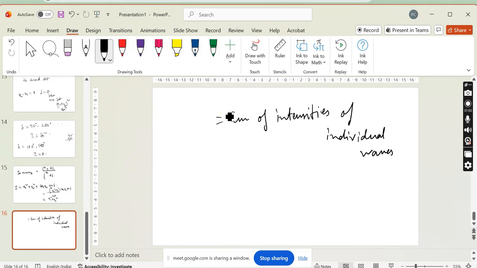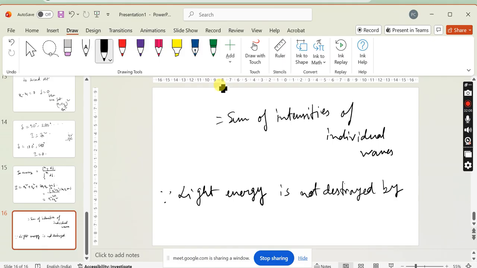So we can say that the light energy is not destroyed by interference.